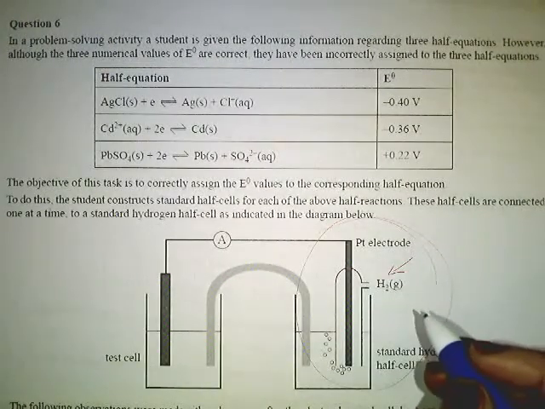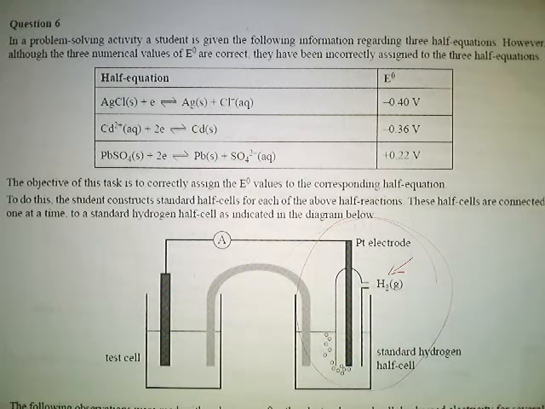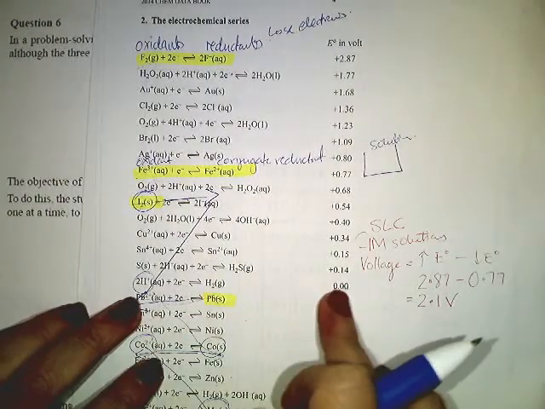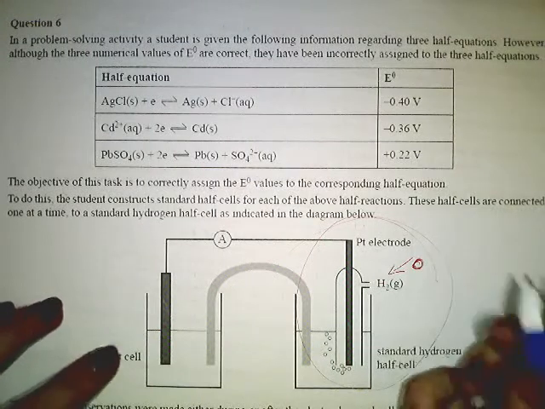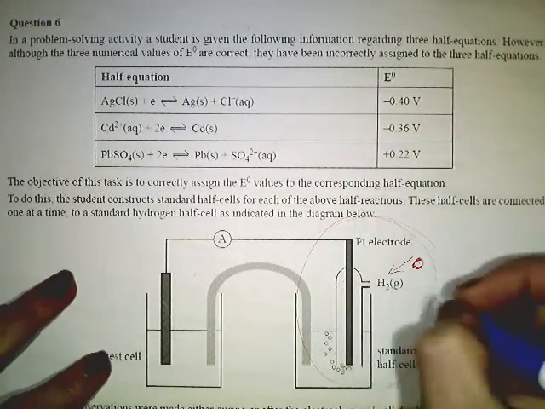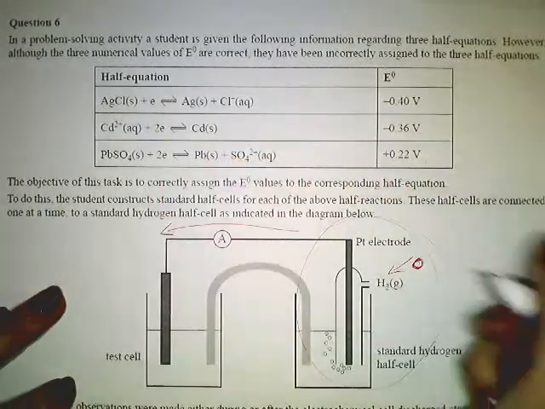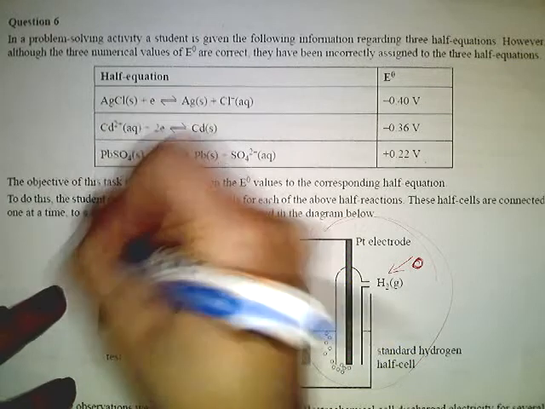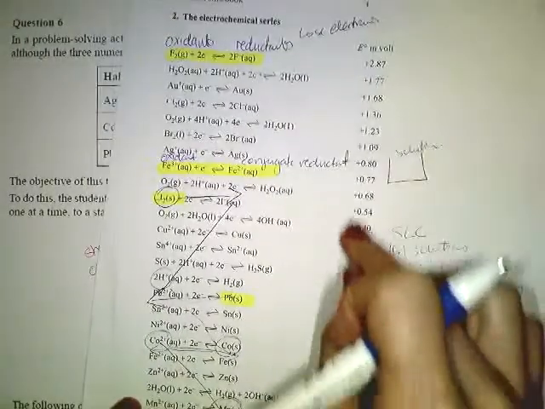Okay, and what they've done is compared them all to this, which is E0 of 0. That means that if electrons travel to the test cell, that the test cell must have a stronger oxidant. Because as you can see, the stronger oxidants have the higher E0 values.